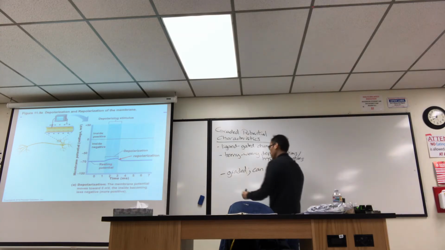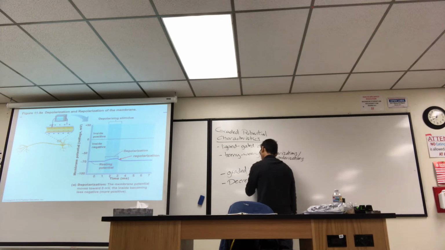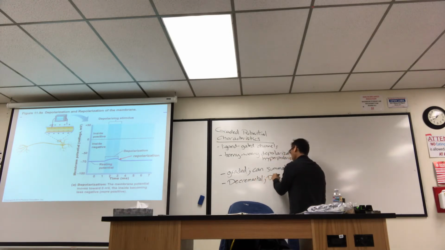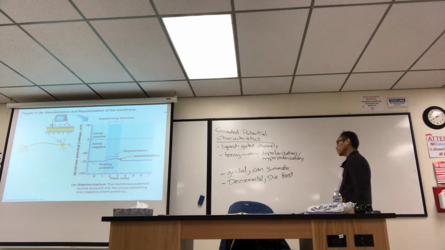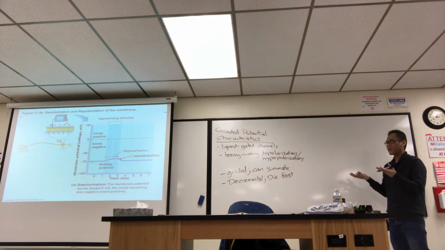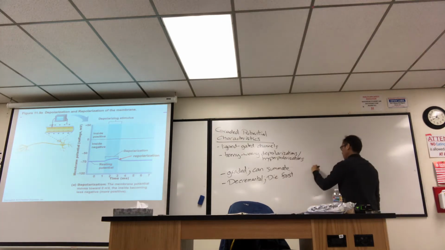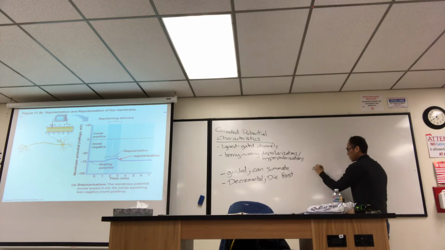Another characteristic is they're decremental. That means they die fast. You give a little jolt and it doesn't travel very far. Maybe you zap it, put a little influx there, and it travels out just a little bit in all directions.